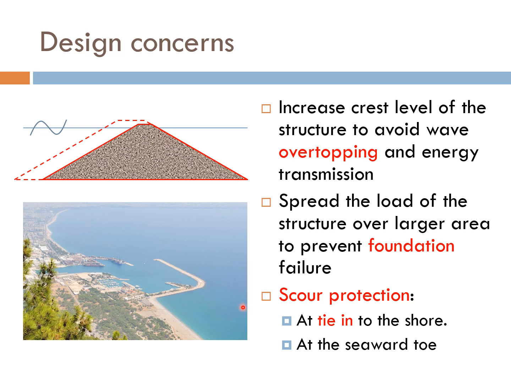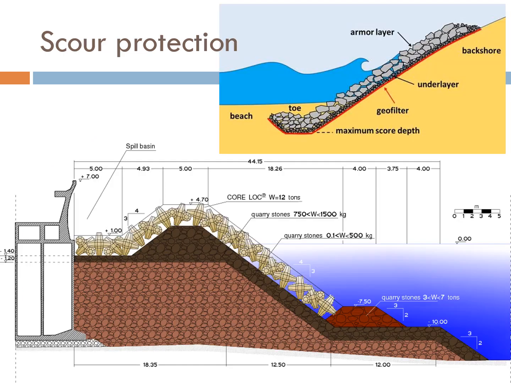It means then that the wave is likely also to attack this section of the shoreline, which exposes it to possible erosion. As a result, the tie-in location must be properly designed to prevent any structural failure. Another aspect of scour protection is at the seaward toe, as we are going to look at in the next slide.